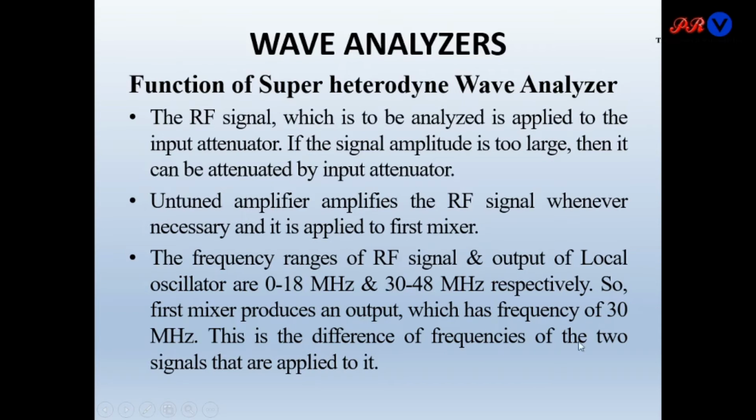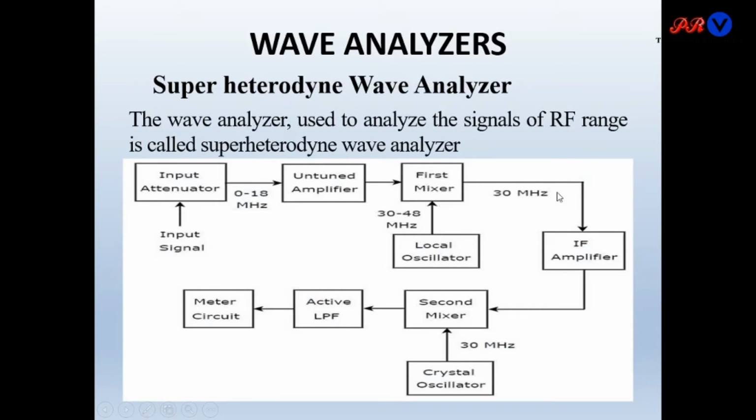This is the difference of frequency of the two signals that are applied to it. So, the first mixer is used to generate a 30 megahertz signal, known as the intermediate frequency signal, which is given to the IF amplifier for amplification purpose.